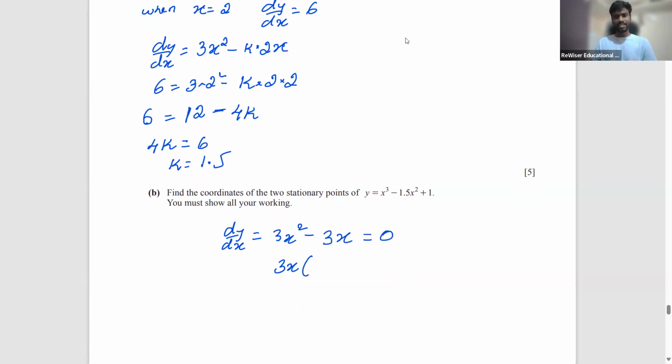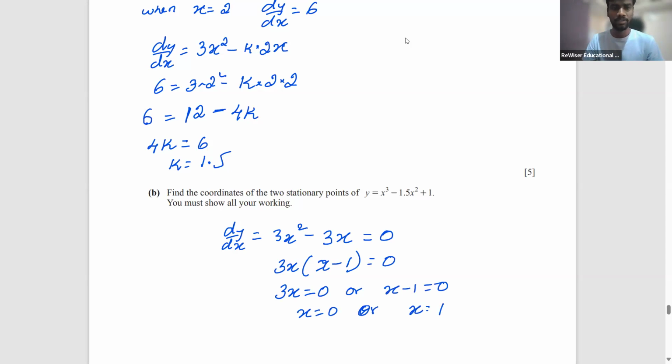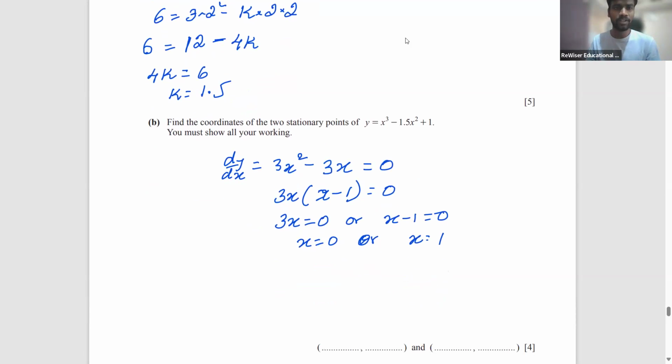So it's going to be 3x times x minus 1 equals 0. So 3x is equal to 0, or x minus 1 is equal to 0, which means either x is 0 or, when minus 1 goes to the other side, it becomes positive 1. So x equals 0 or x equals 1.